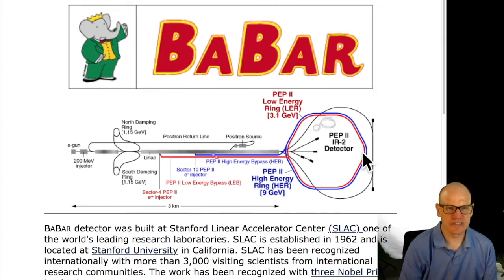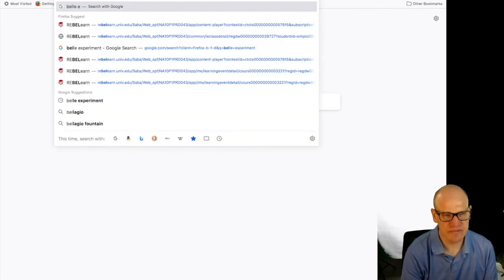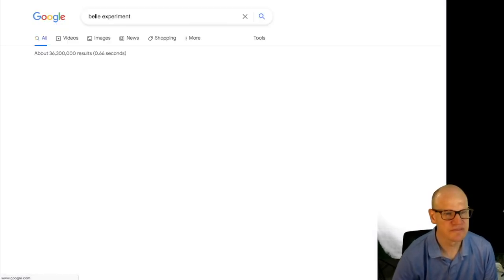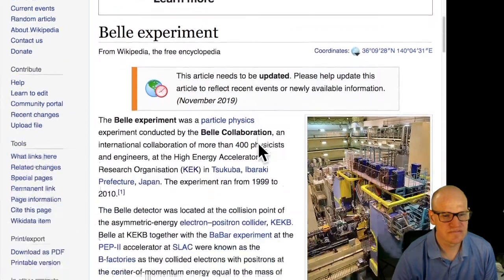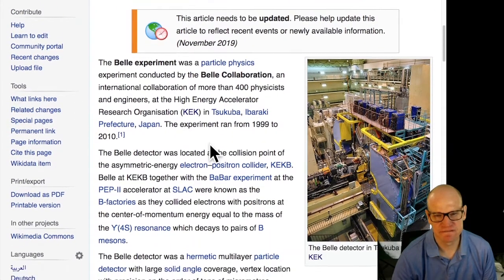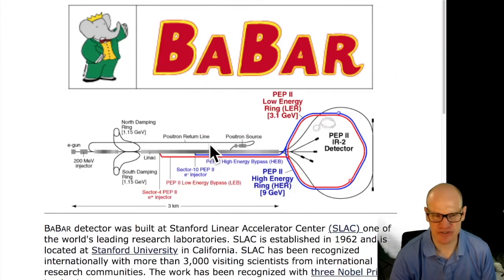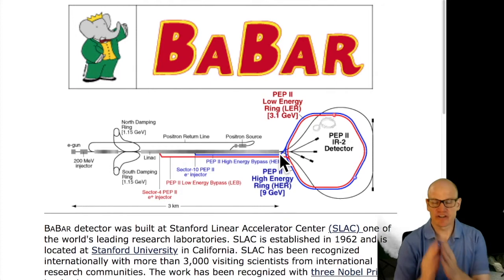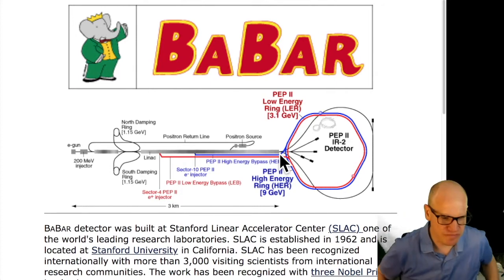Another one was called Belle. I don't know if this was at the same place or not. Okay, so that was in Japan, at KEK. Anyway, so these are electron-positron colliders, and they're linear colliders where most of the acceleration happens in a straight line instead of in a circle.